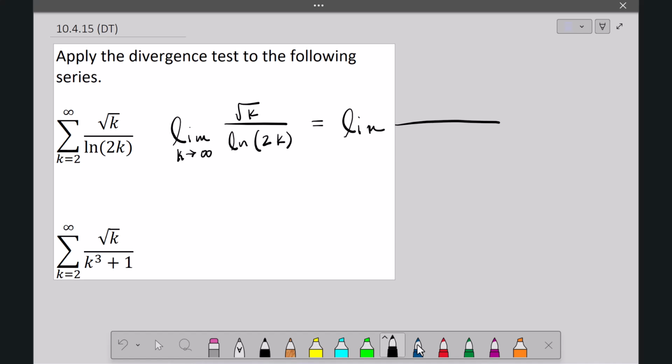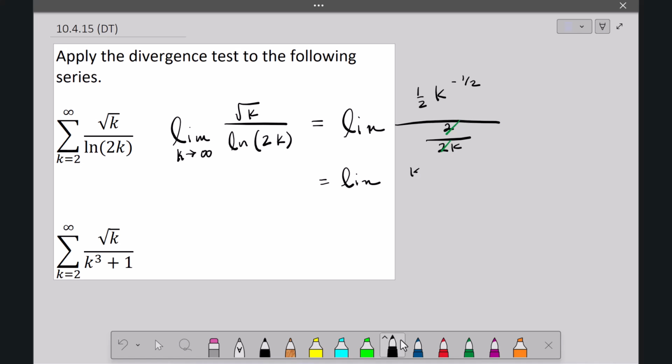So we will take the derivative of the numerator, so that will be 1/2 k to the minus 1/2. We will take the derivative of the denominator, 1 over 2k, times the derivative of the inside, which is 2. So we have a little bit of cancellation there. And let's simplify this expression. We have the limit of, let's see, that k in the denominator down here, we're going to have to flip that.